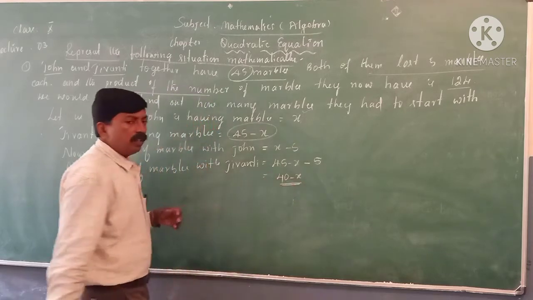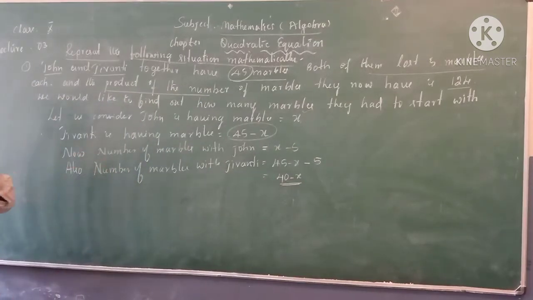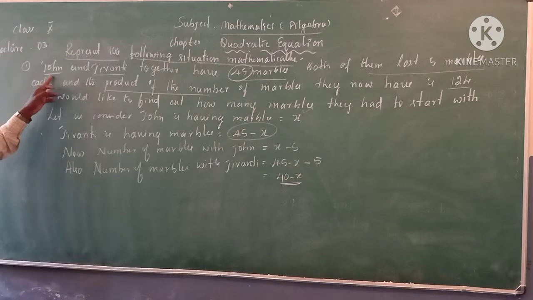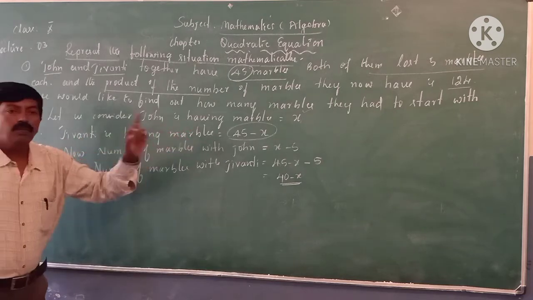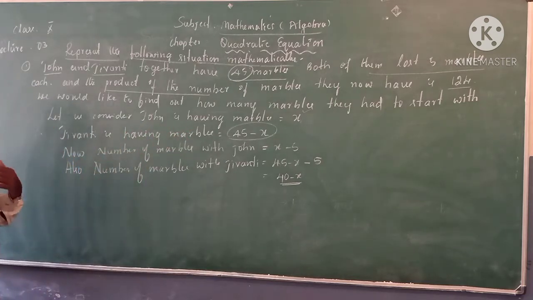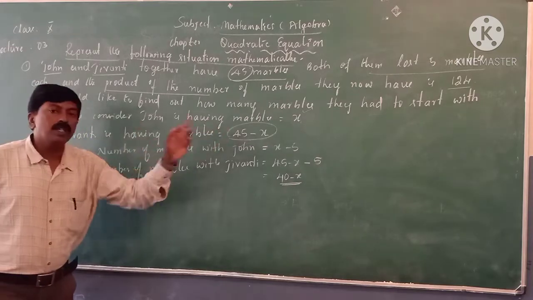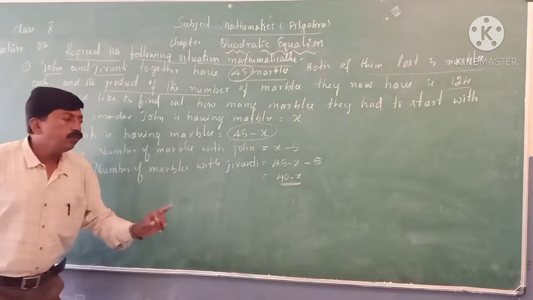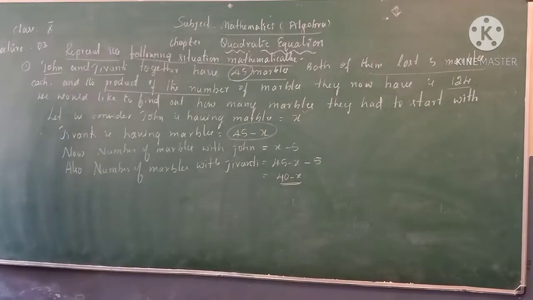Now Jeevanti is having 40 minus x marbles and John has x minus 5 marbles after losing 5 marbles.